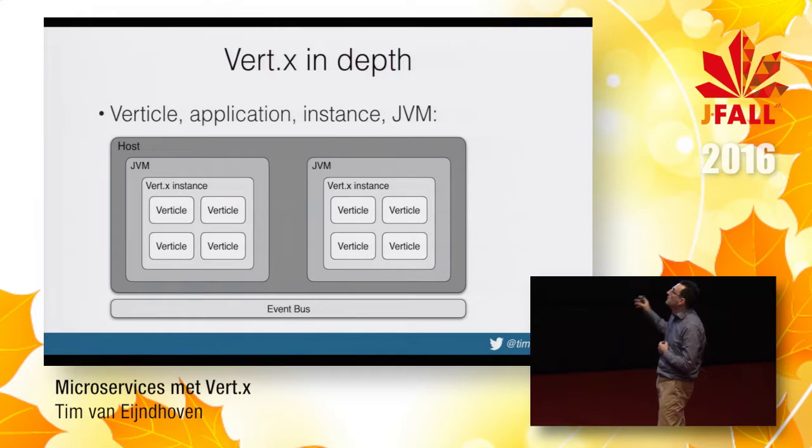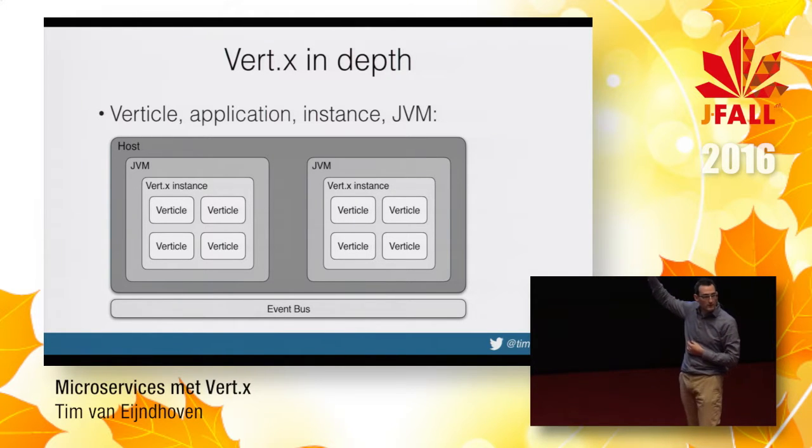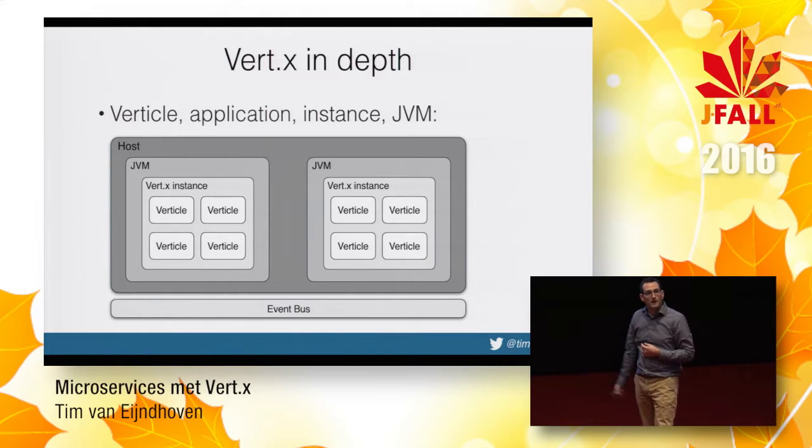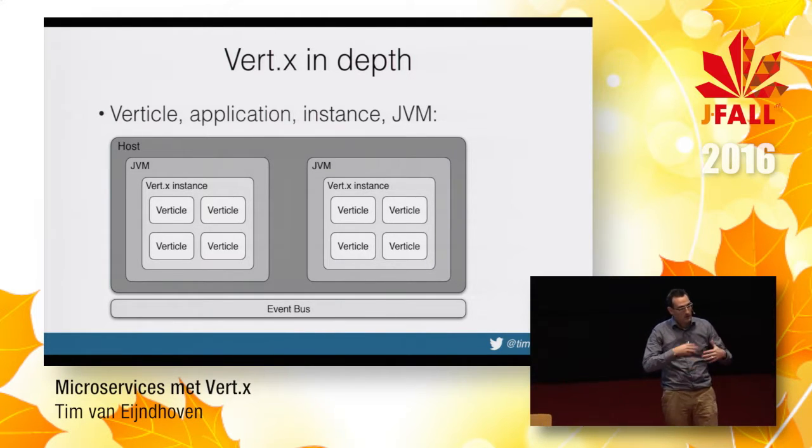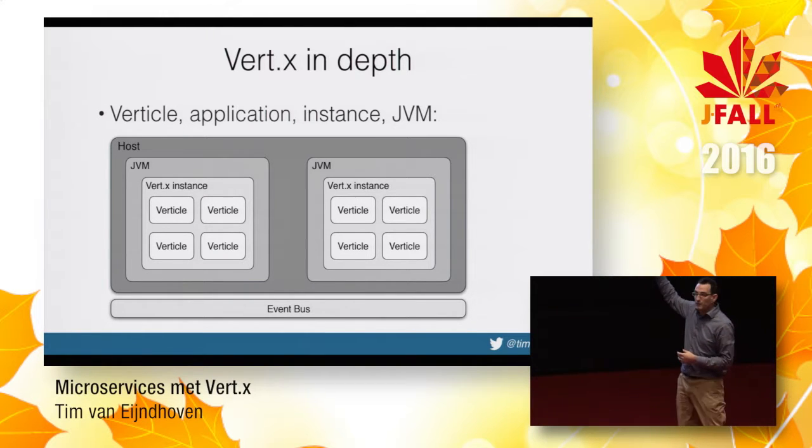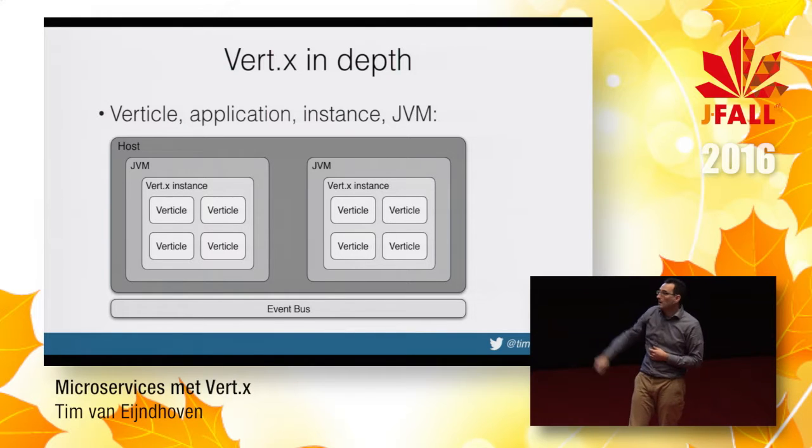The powerful thing about this event bus is that it's not restricted to one JVM. It actually uses clustering technology using Hazelcast. So when you launch another Vert.x instance in another JVM, and you run it in clustered mode, it will automatically find the Vert.x cluster and join it. Then you can bridge your verticles over two JVMs.